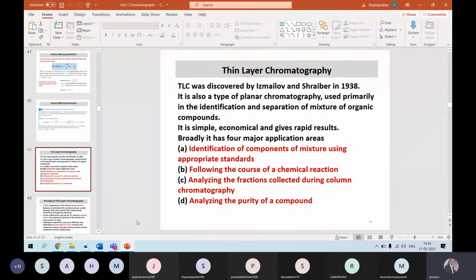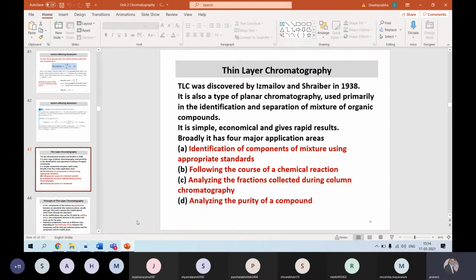So again, as I said earlier, chromatography does not give you which analytes are present in your given sample. Likewise, in thin layer chromatography, you can come to know the number of components which have been separated, but not their identity. So identity has to be ascertained only through known reference substances.